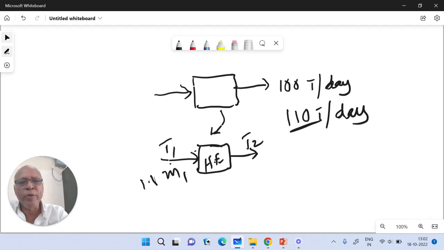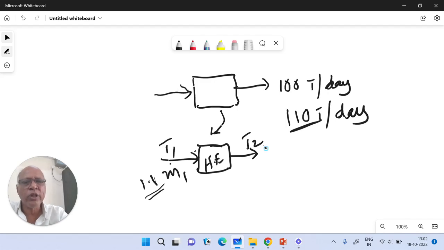Now, do you think you will be able to get to the required temperature of T2? Is there any possibility of using the same equipment with this increased flow rate to reach this required temperature? There may be certain possibilities: you may be able to increase the steam flow rate, or the steam pressure, or the steam temperature.